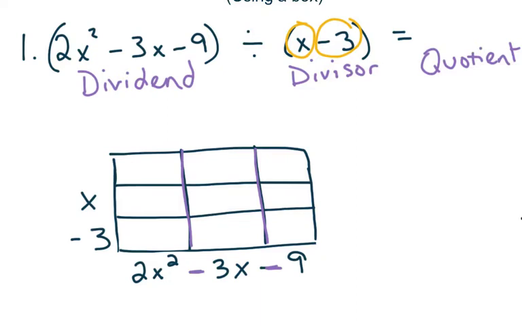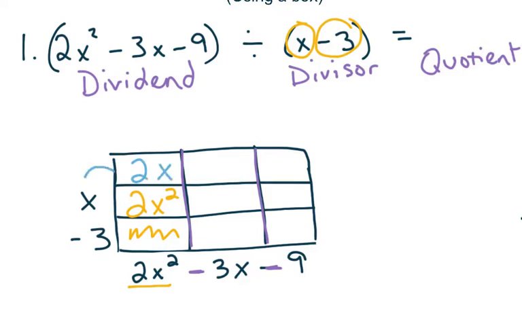All right, so let's get started. We are going to take our first term and we are going to put it in this box. I'm going to tell you right now, we're not going to put anything in that particular corner box, ever. So I'm going to ask the question, what do I need to multiply x by to get 2x squared? Well, I multiply that by 2x.